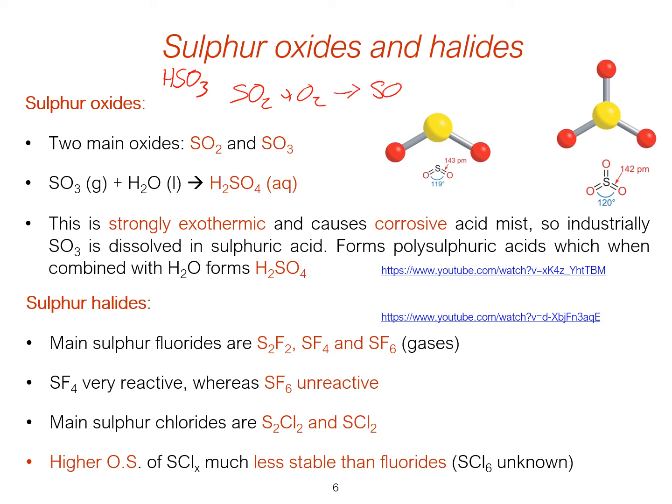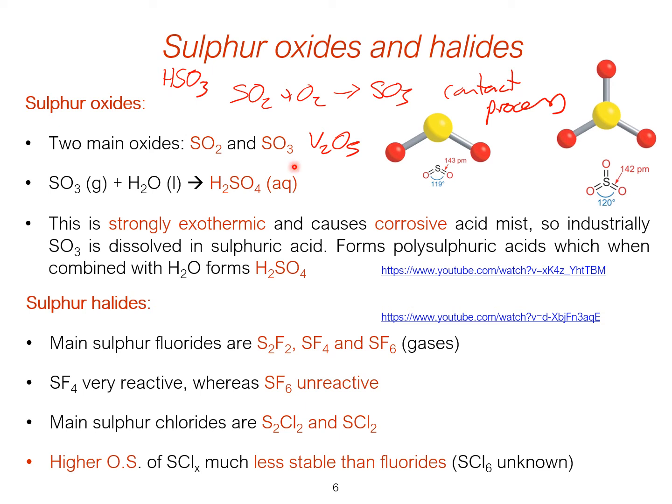This is called the contact process, and this is quite an important industrial process, because it's used to get to sulfuric acid in the end, and this is catalyzed by vanadium pentoxide, V2O5. This is one of the most common examples of a catalytic reaction because it's so industrially important.